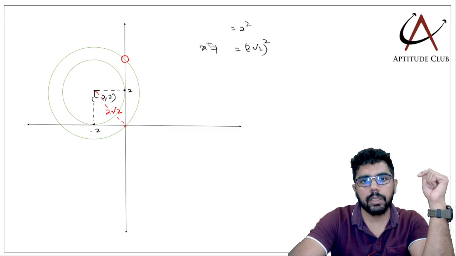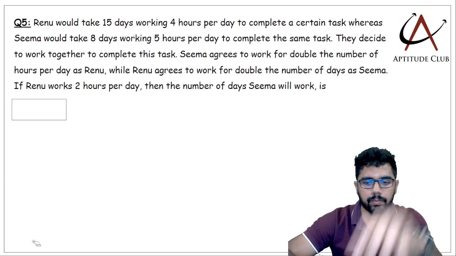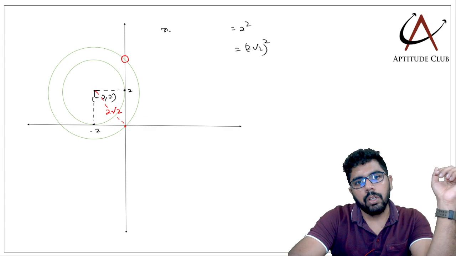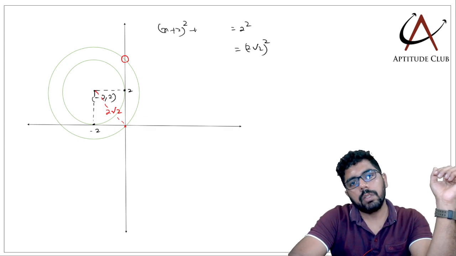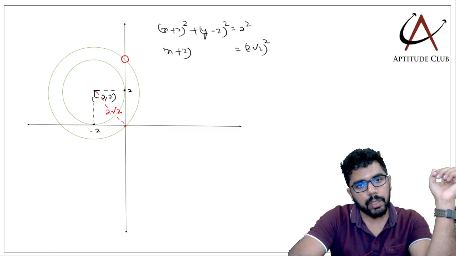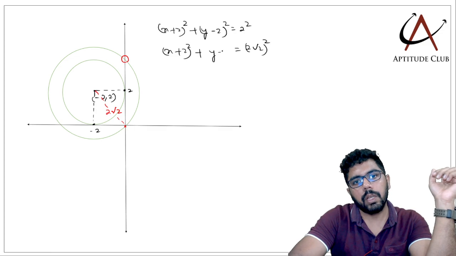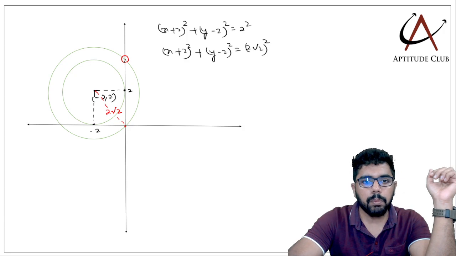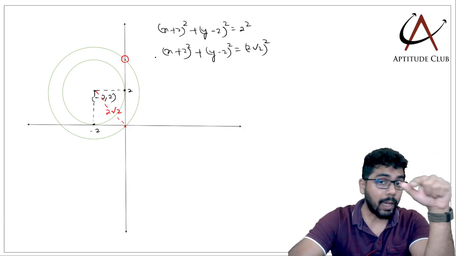This is x plus 2 whole square plus y minus 2 whole square. Now how to figure out this point? This is a point on the second circle on the y-axis.